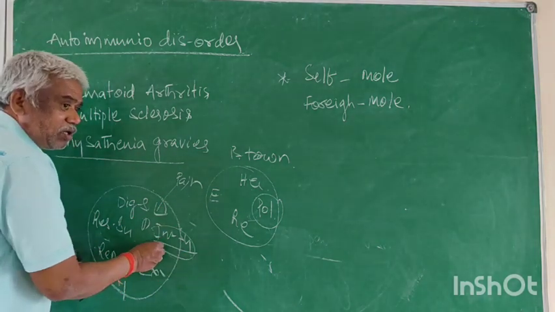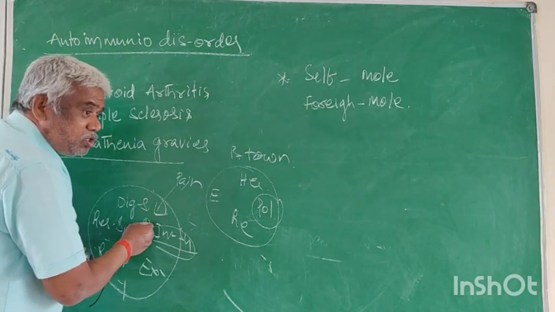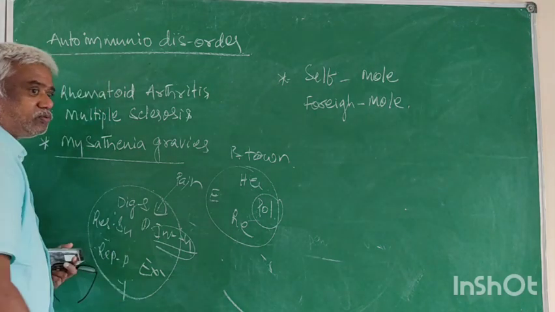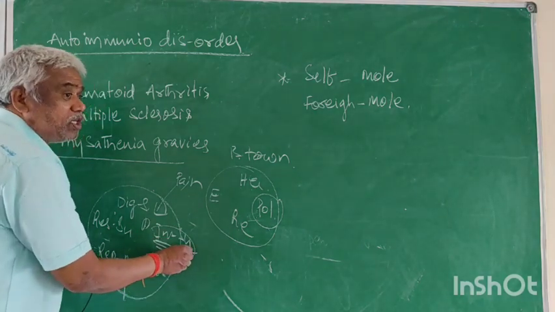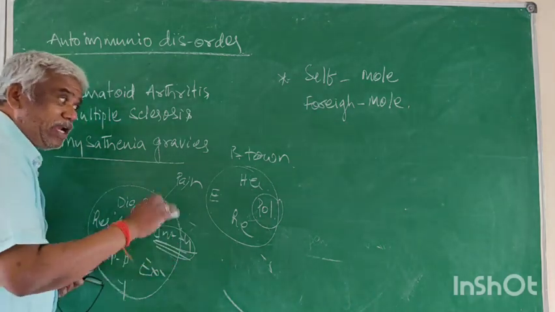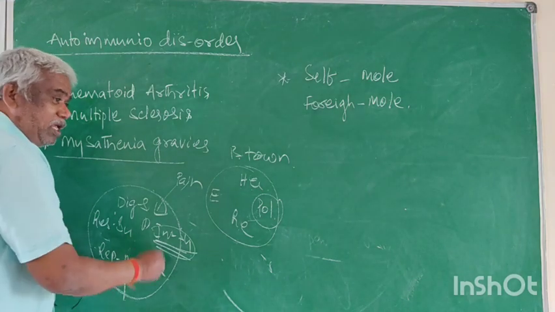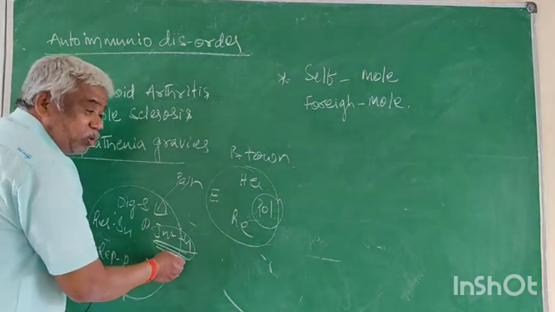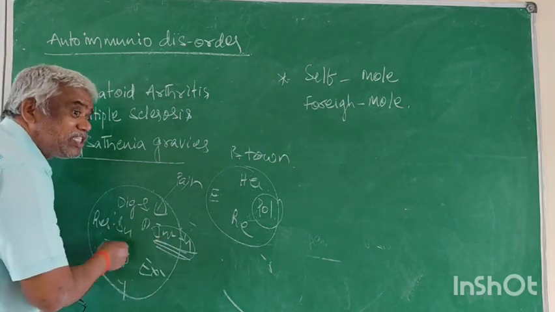The immunity system attacks the pathogen to protect the self. The immunity system has the power to identify self from foreign. If the ability is lost, sometimes it will damage the self also.